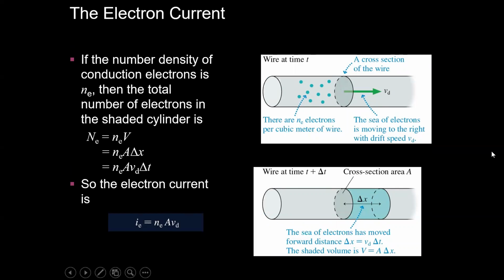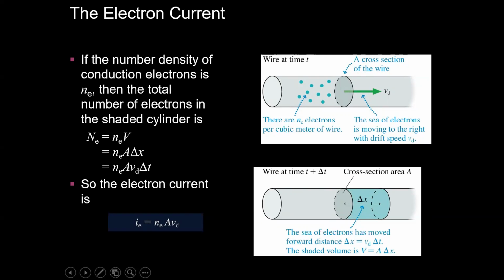If we look at these pictures here, the electrons which have moved in a certain unit of time now cover this volume in this dotted line cylinder. And so the total number of electrons, capital N, is equal to a number density of electrons times the volume that's enclosed.